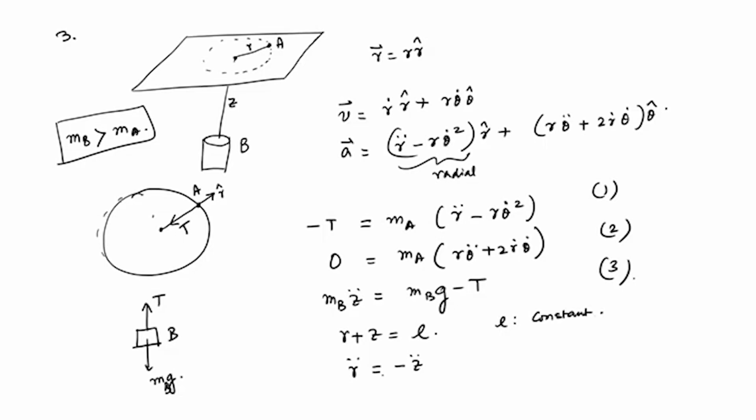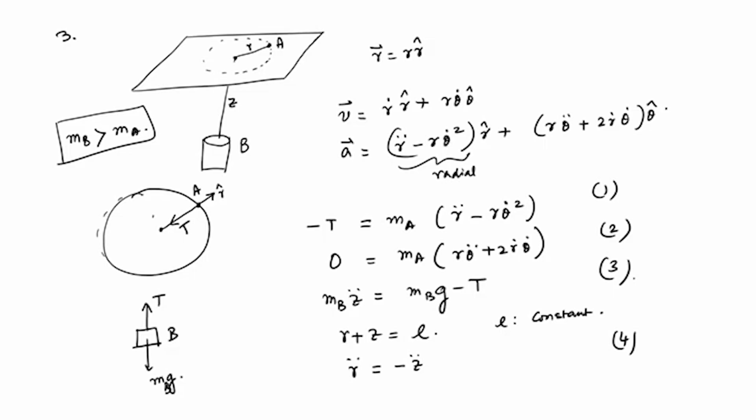So, r double dot equals minus z double dot. We get another equation which should aid us in solving this. The negative sign tells you that if A moves inward, B moves down.